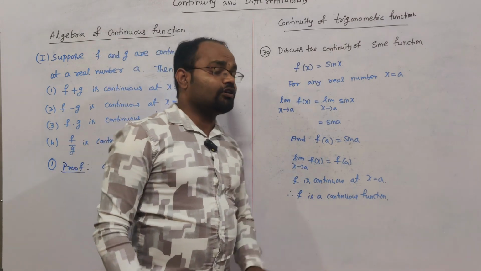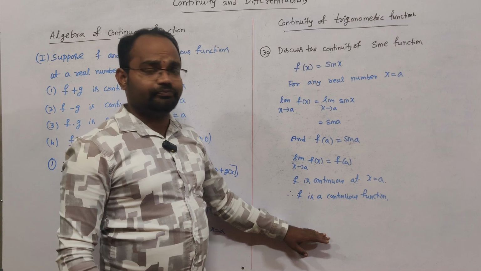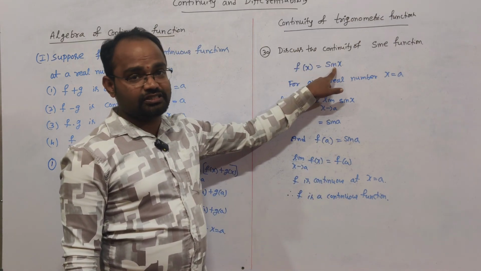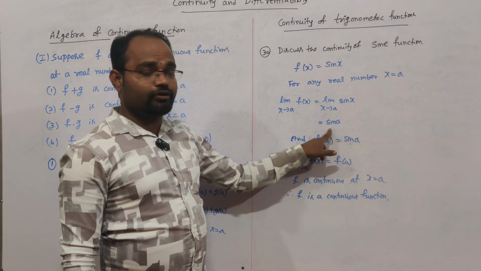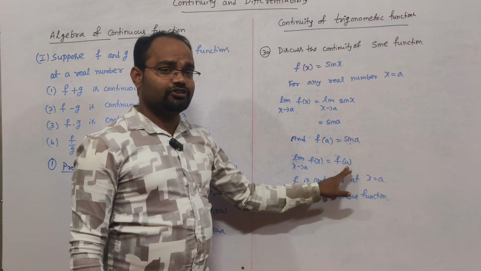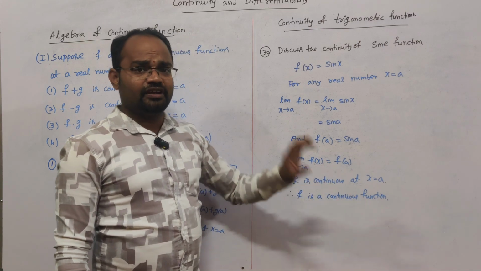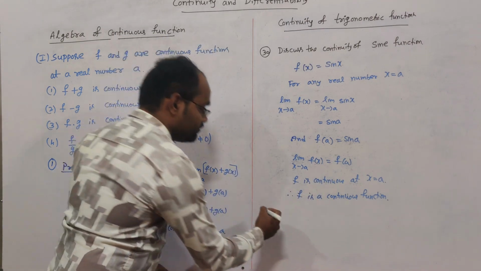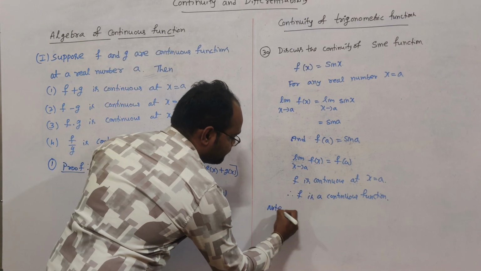Similarly, we can prove that cos is also a continuous function using the same technique. Instead of sin, if you take cos, you will get cos a; the limiting value will be equal to the functional value. Sin and cos are continuous for every real number, so you can make a note of it.